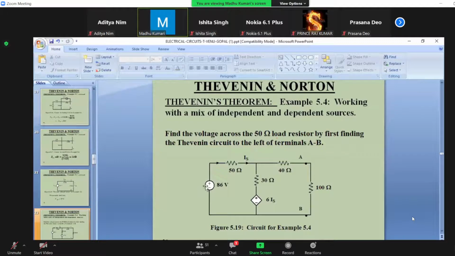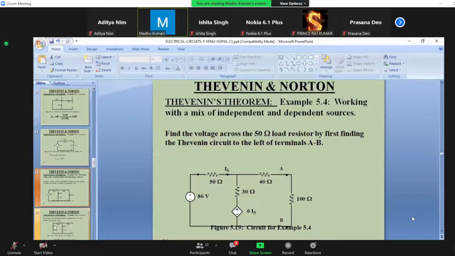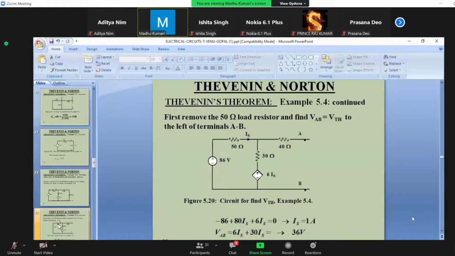So the independent source, this 86 volt, that will be shorted. What will be about this independent source? First, remove the output, whatever the load resistance, and find out the value of IS.